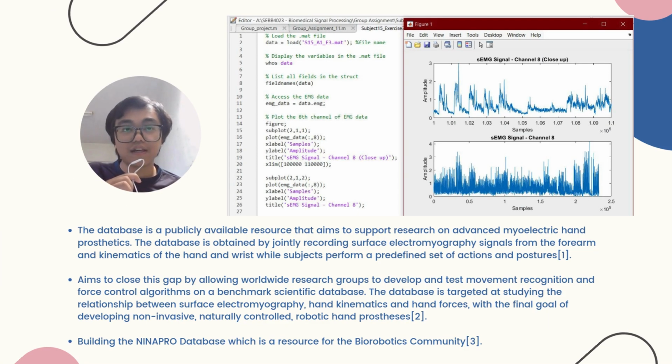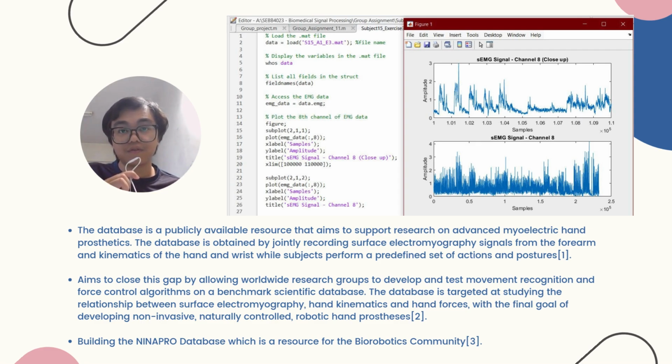This is the sEMG signal obtained from electrode 8 of the MyoBock from subject number 15 performing exercise number 3, which is grasping and functional movements. To be noted, the signal has a sampling frequency of 1000 hertz as a default.